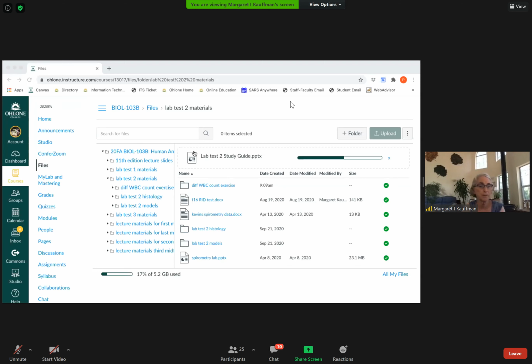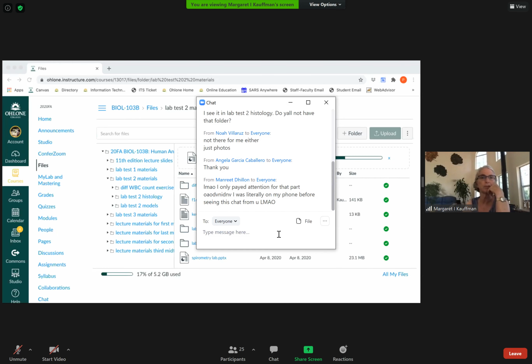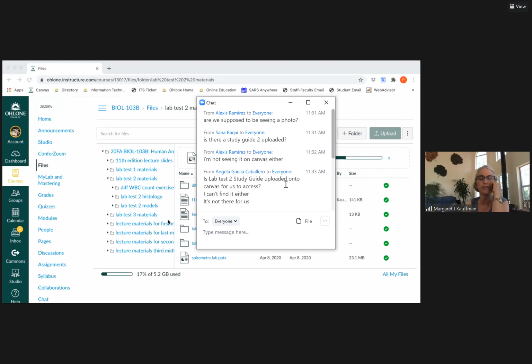So if you open this folder, there are groups, and if you look at the full name of this, which is group 1, group 1 is going to be for people whose last name begins with A or B. And you'll see that I've entered data that you may have collected on a patient's white blood sample.